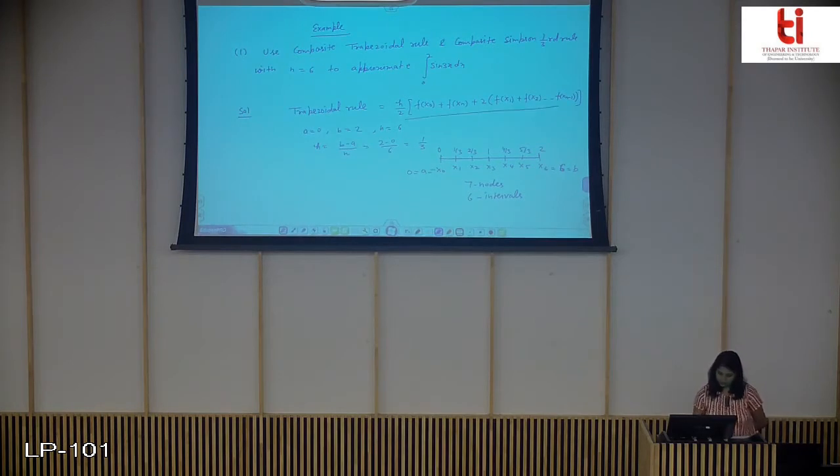Now apply this formula to compute the integration, the integral from 0 to 2 of f(x) dx. What is f(x) here? f(x) is sin 3x. So 1 by 3 upon 2 times [f of 0 plus f of 2 plus 2 into (f of 1 by 3 plus f of 2 by 3 plus f of 1 plus f of 4 by 3 plus f of 5 by 3)].